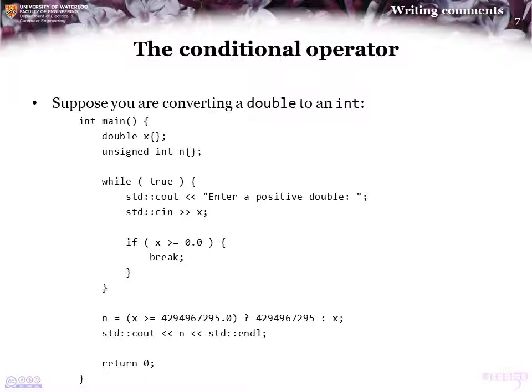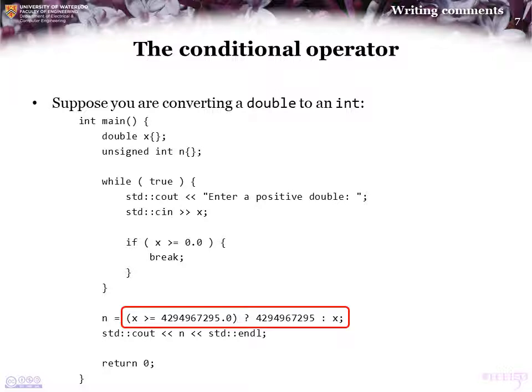So what I'm going to do here instead is assign to n a result, but first I'm going to check if x is greater than or equal to the maximum possible value an integer can take. I will just assign n the maximum value n can take.